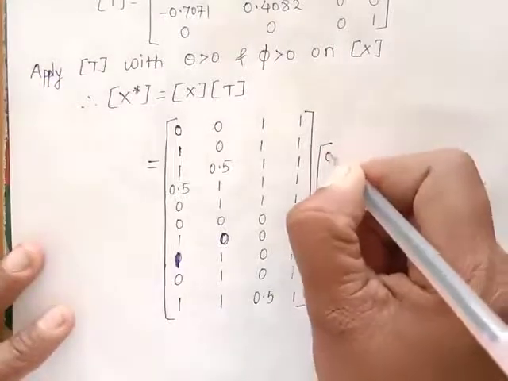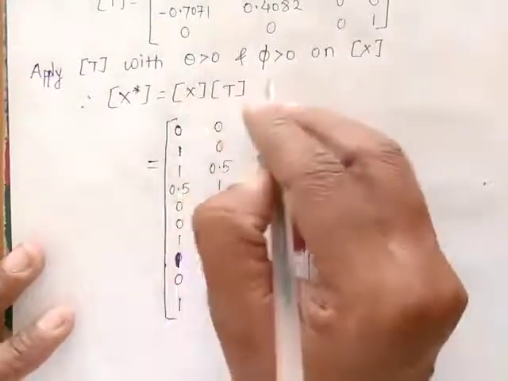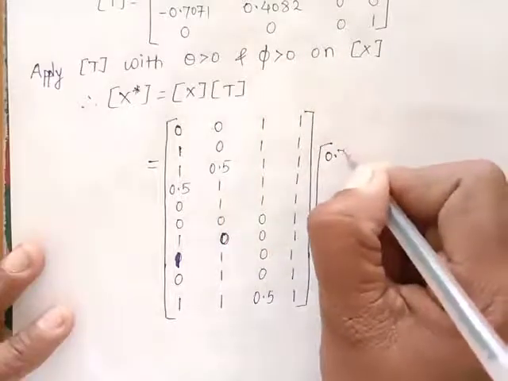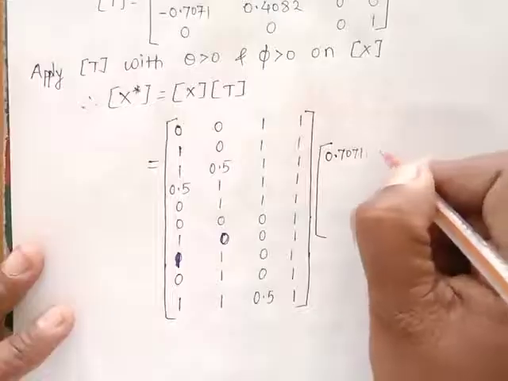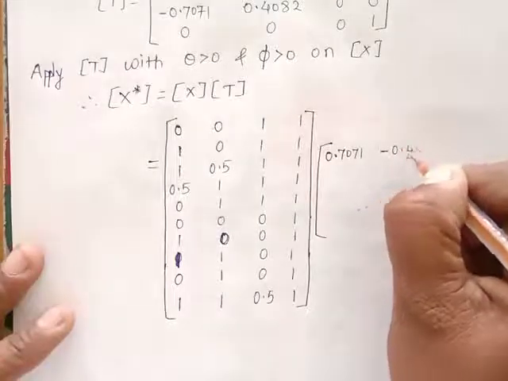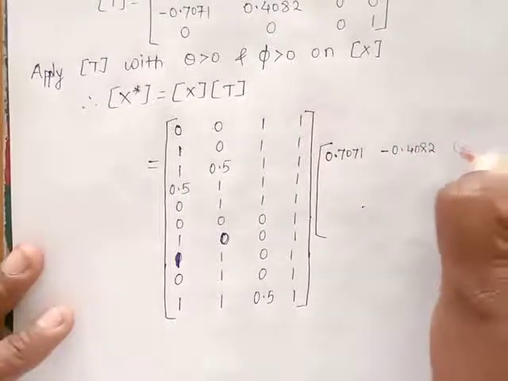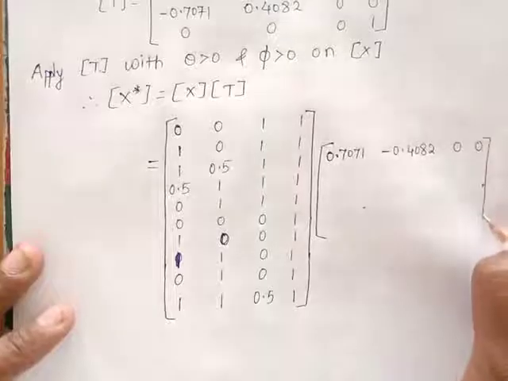Here T is for theta positive, phi positive. The T is case 1: 0.7071, minus 0.4082, 0, 0, right?